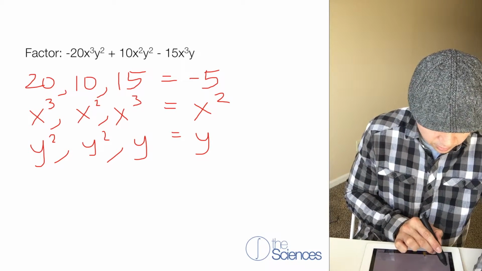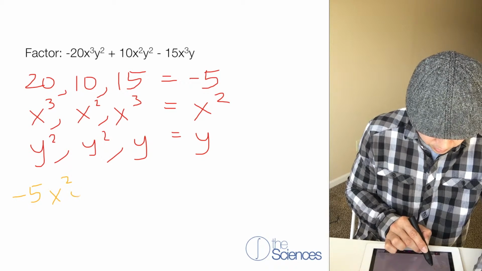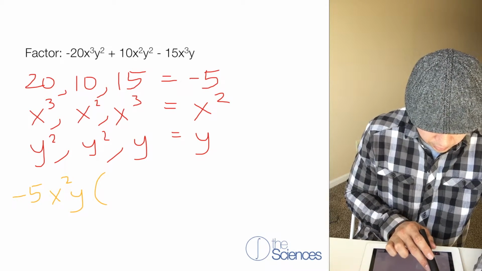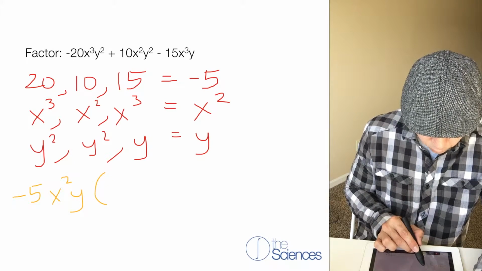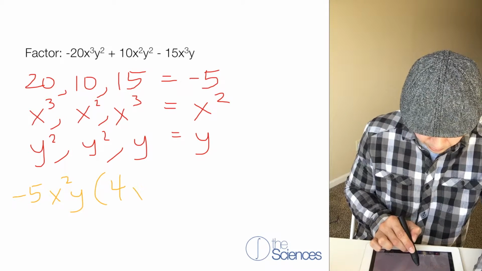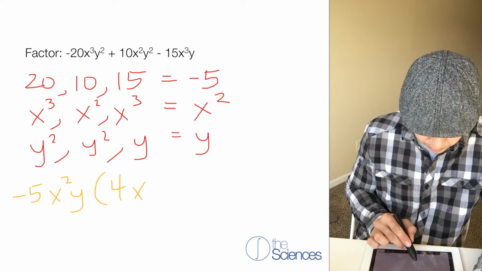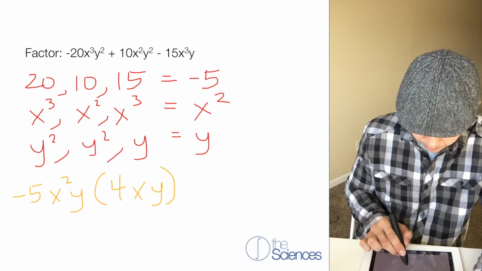So now we're going to take our greatest common factor, negative 5x squared y, times 4 to get 20. Then we're going to multiply x to get x cubed. And then we're going to multiply y to get y squared.